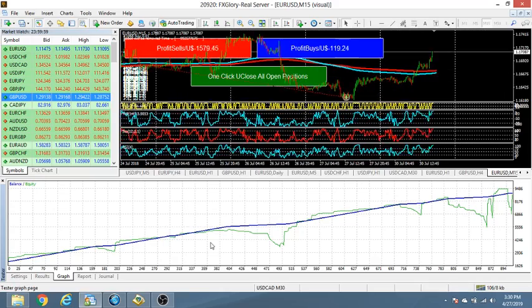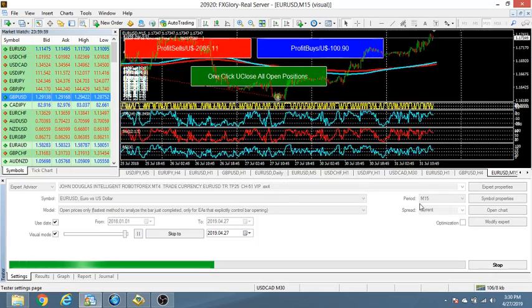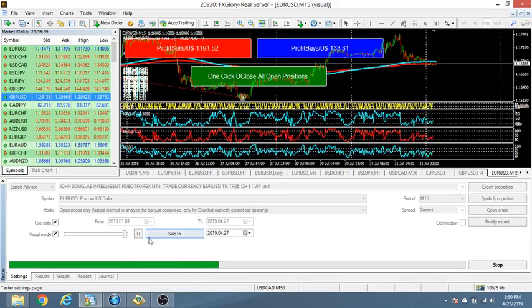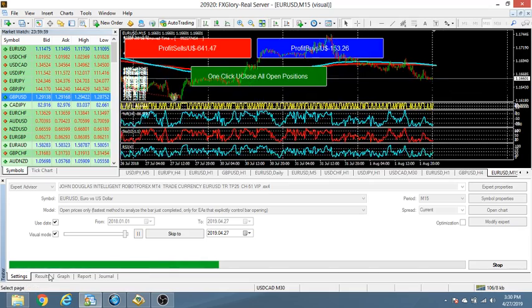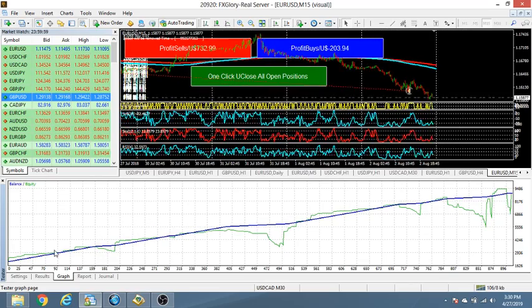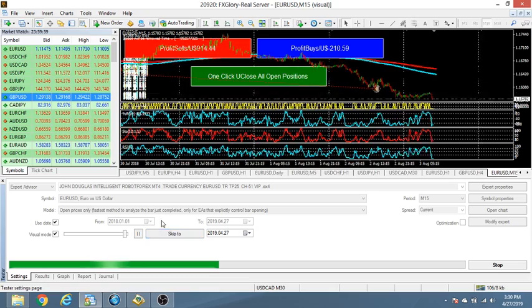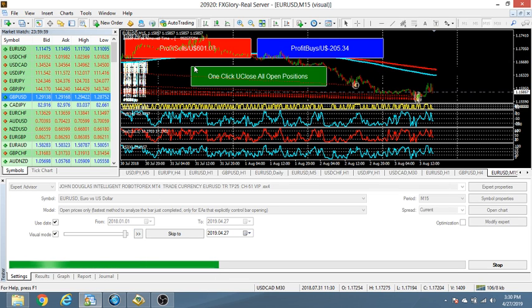You can see the graph here. It looks like this. Okay, the graph at 15 minutes here, the 15-minute time frame. You can see here the red button, the positive, they win a lot, and then on the profit buy here, they minus, and then this one they win more.